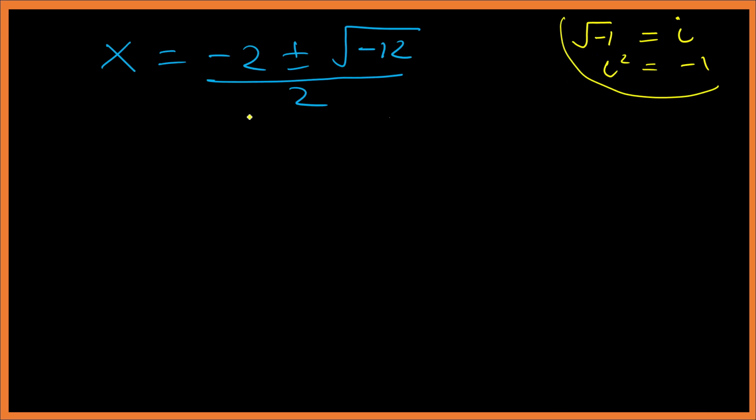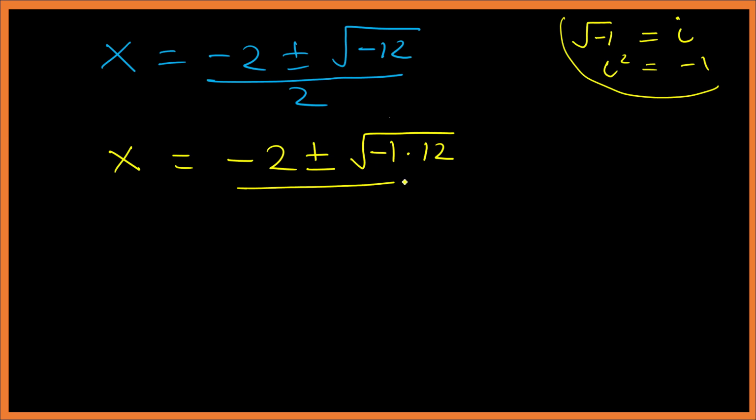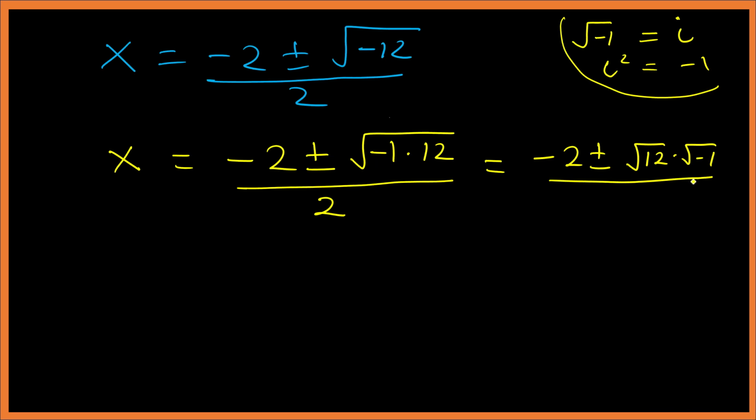So we can write this as -2 plus or minus the square root of -1 times 12, over 2. And it's the same as -2 plus or minus the square root of 12 times the square root of -1, over 2.